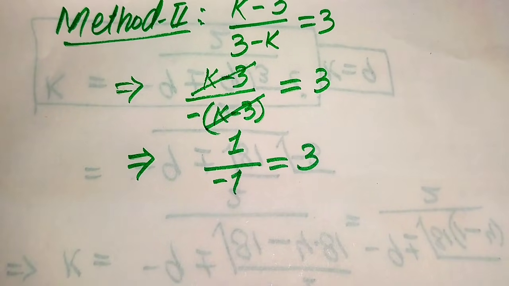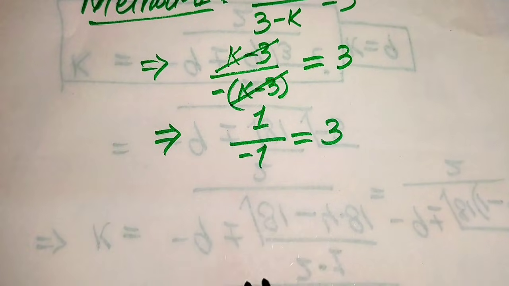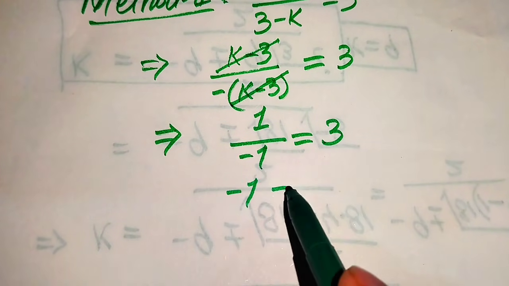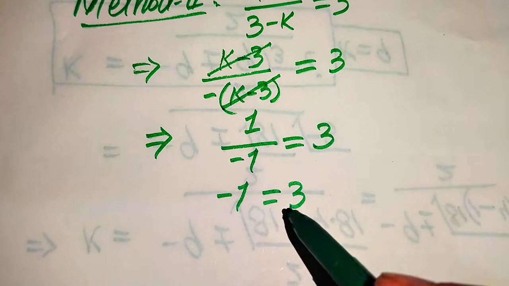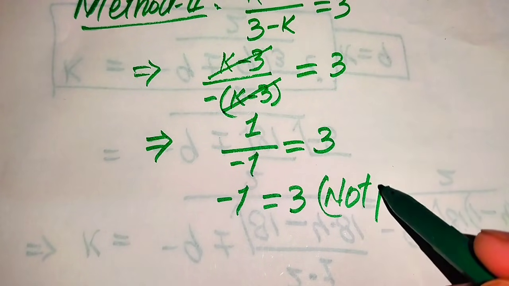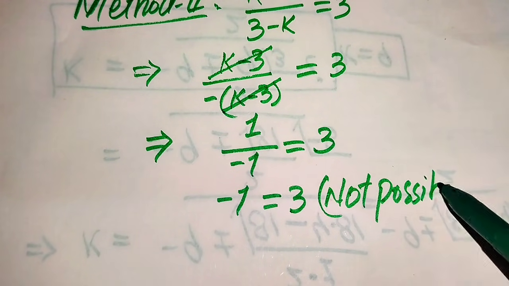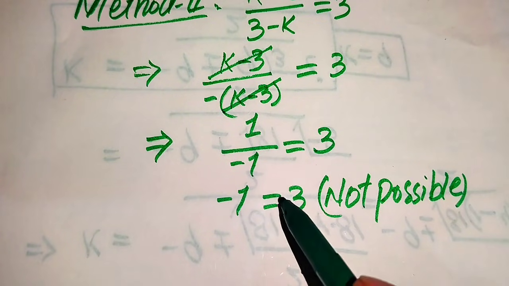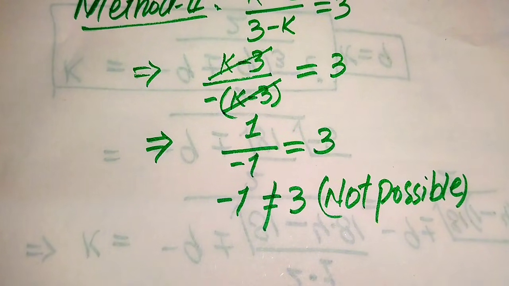So 1 divided by minus 1 is equal to minus 1, equals 3. So here you see that minus 1 is not equal to 3, so it is not possible that minus 1 equals 3.